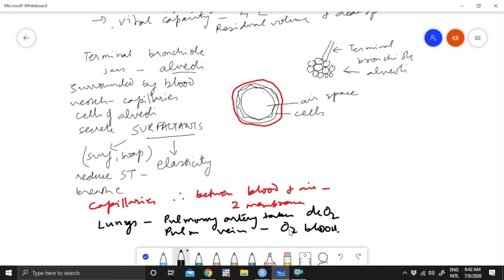That means the artery comes into the lungs with deoxygenated blood, and the pulmonary vein takes to the heart oxygenated blood.